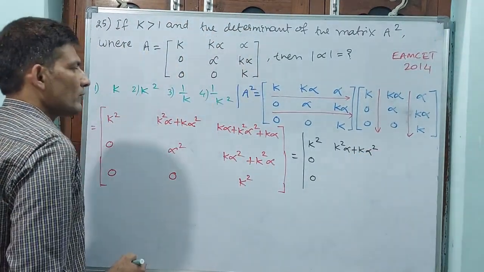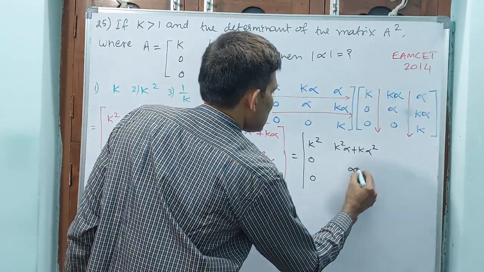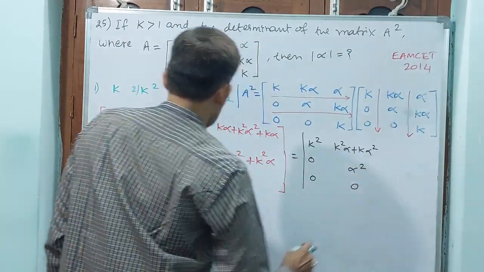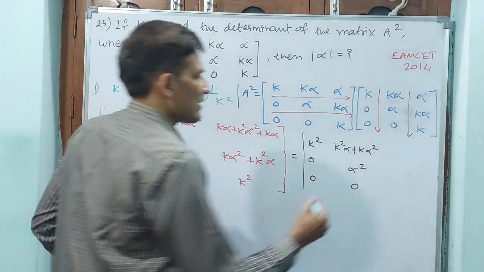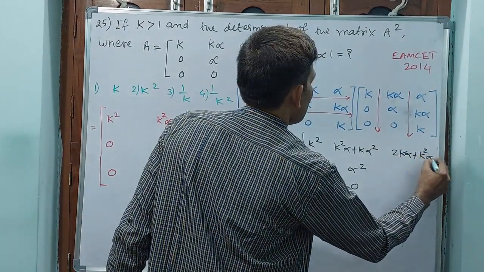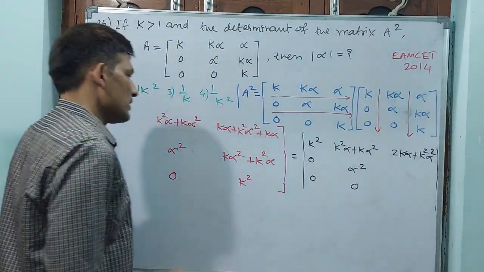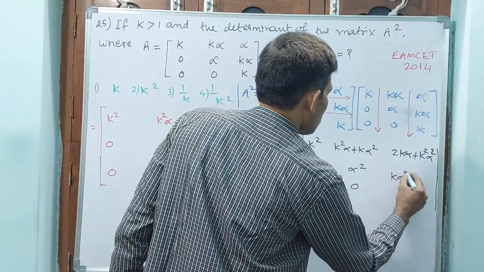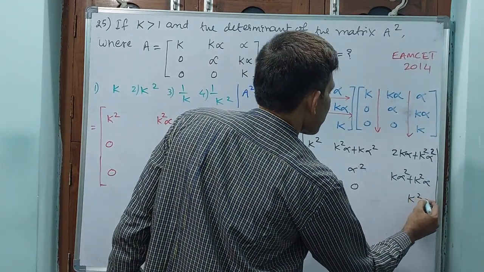K alpha you can take common but it is not required. Alpha square 0, alpha square 0. K square alpha square but 2K alpha, 2K alpha plus K square alpha square. K alpha square, K square alpha. This is also different: K alpha square plus K square alpha, K square.